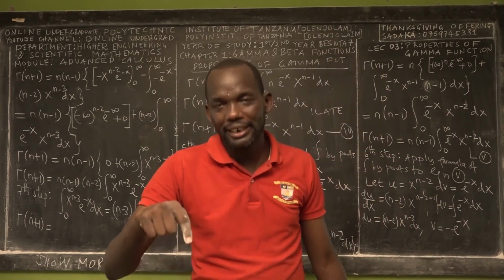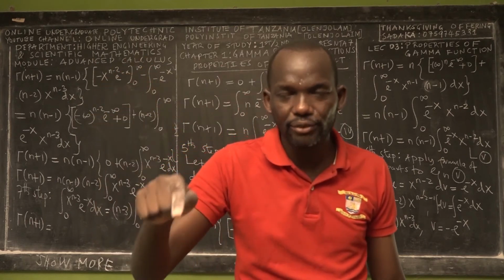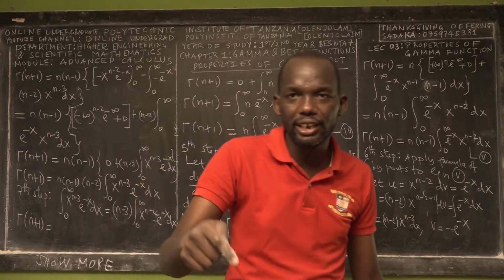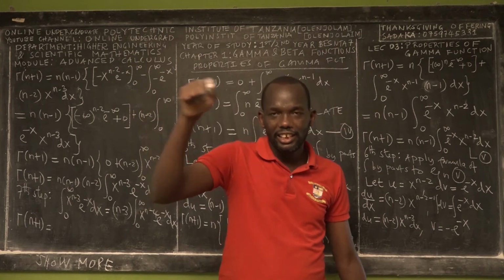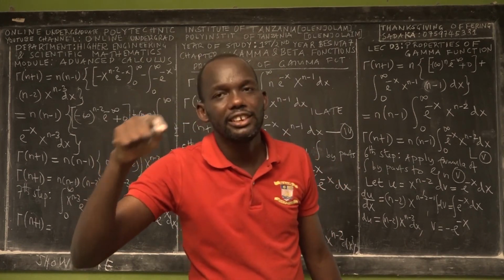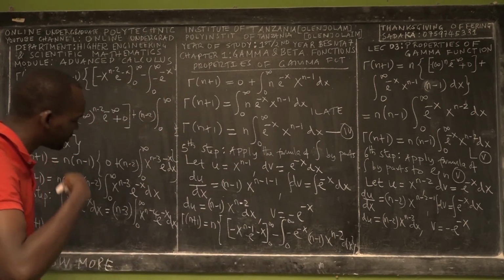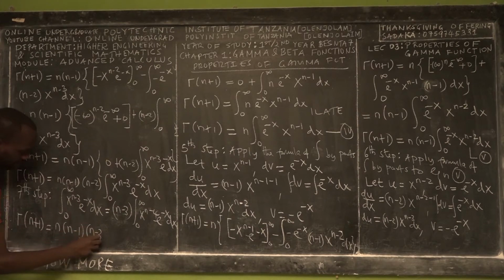If you integrate by parts again, you will find that the answer is n minus 5 times the integral from 0 to infinity of x power n minus 6 times e power negative x dx. So you do it continuously. What will you find? You find that gamma of n plus 1 is equal to n times n minus 1, then n minus 2.